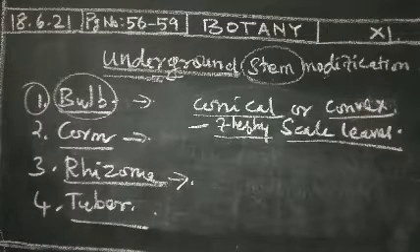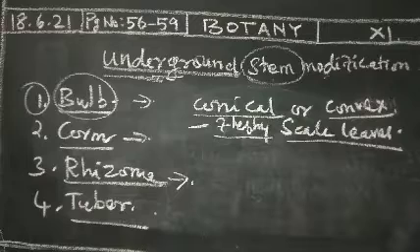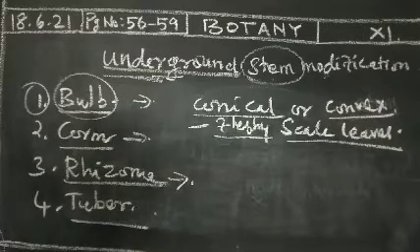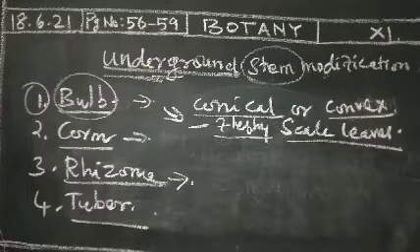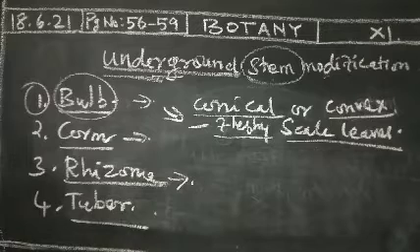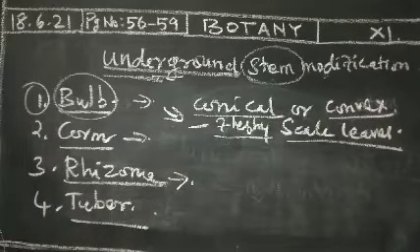In a tunicated bulb, the stem is much condensed and surrounded by several concentric layers of scale leaves. The inner scale leaves are fleshy in nature, and the outer layer is very dry.